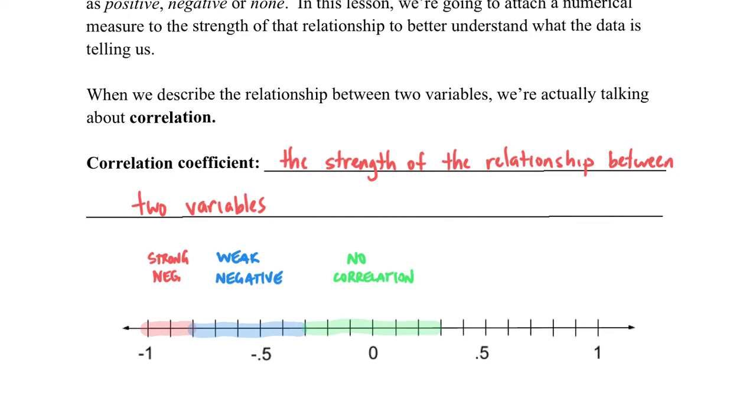If you're between +0.3 and +0.7, you would have a weak positive. And then finally, if you are higher than 0.7, so between 0.7 and 1, we would say you have a strong positive.